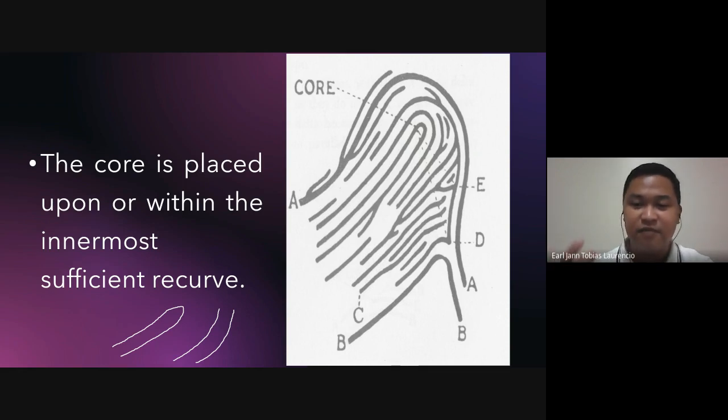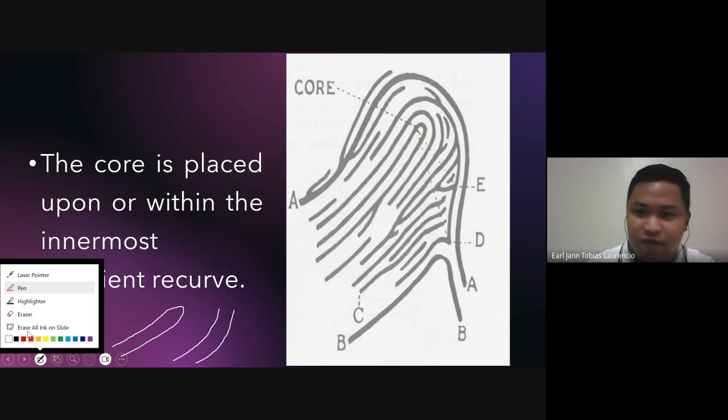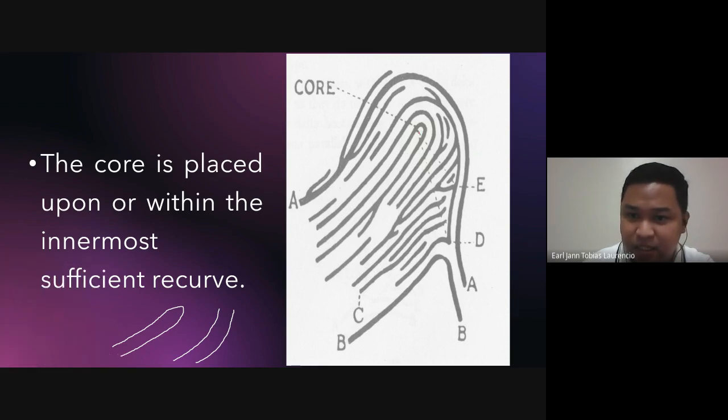So what is the next thing to do? That's the time that we will now select the core of the pattern. If you can see on the image that was presented, the core of the pattern is placed here.